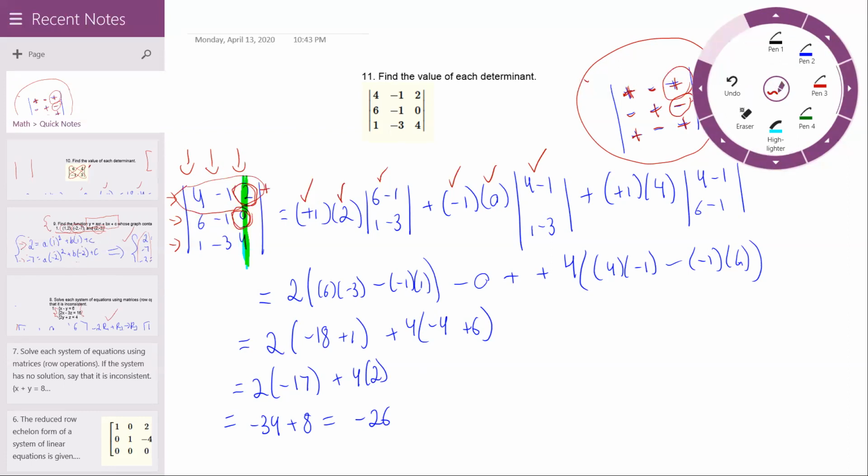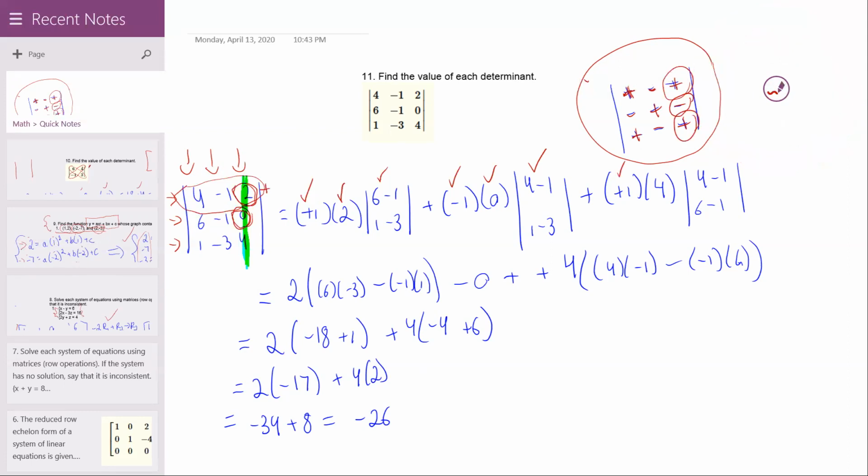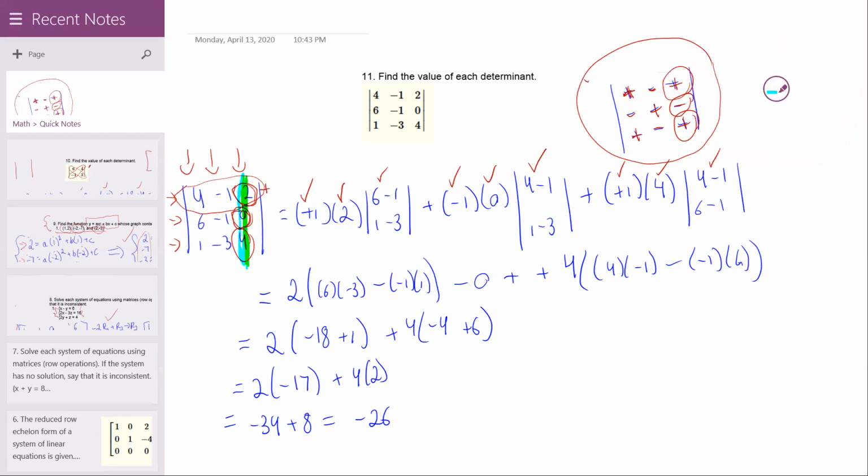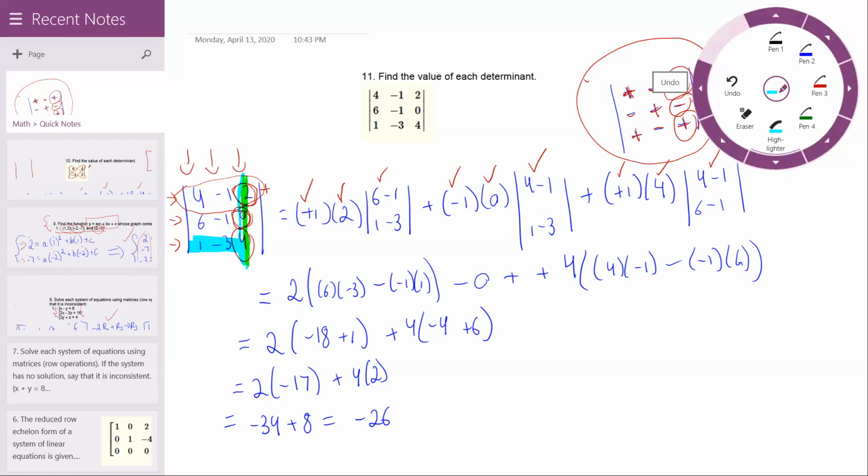And then here we have a +1 from up here, a 4, because that's what this number is, and then a determinant that's left over when you cross out this column and this row. So this is what's left over. Okay, and then from there it's just some algebra.